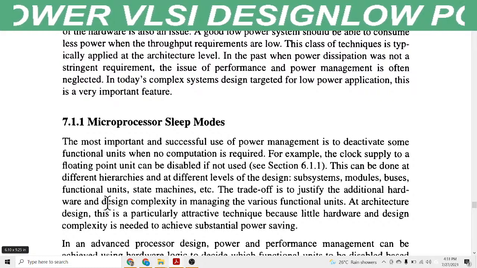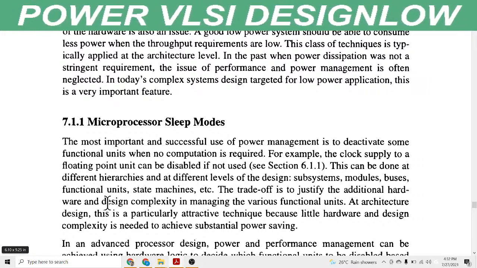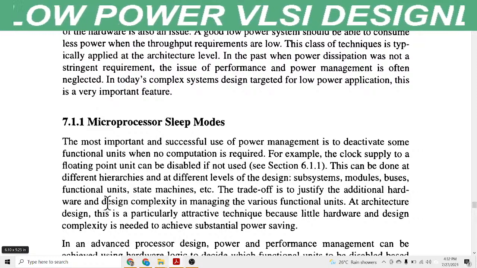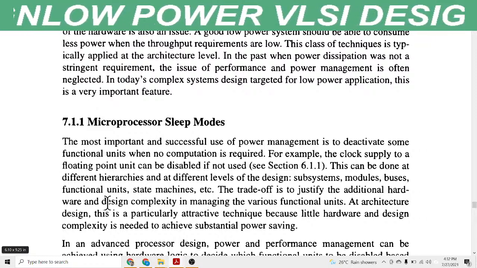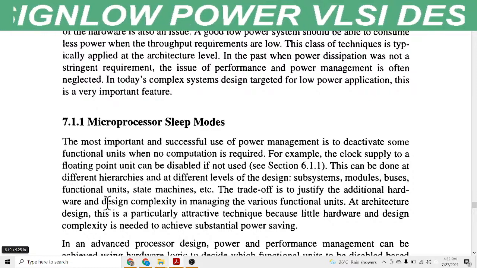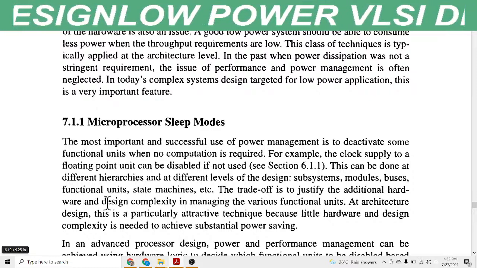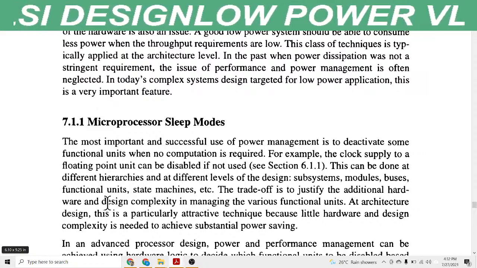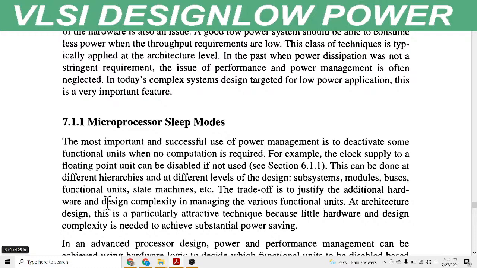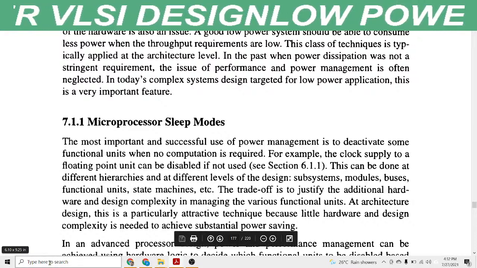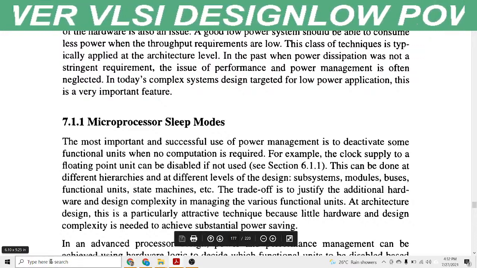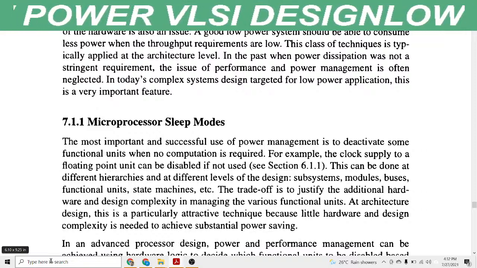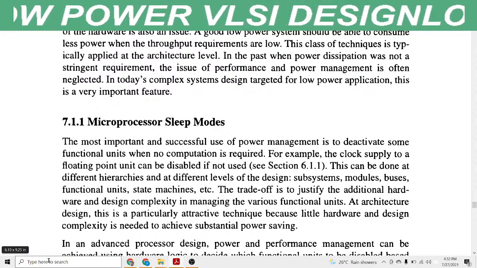For example, the clock supply can be disabled if it is not in use, and when it is required, then automatically the power management circuit activates the clock supply. This can be done at different levels of design. It can be a subsystem, a module, buses, a functional unit, etc.